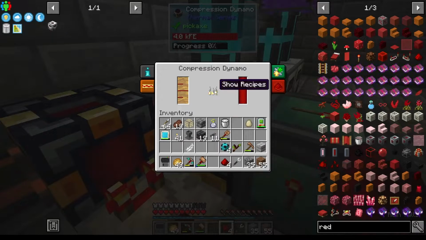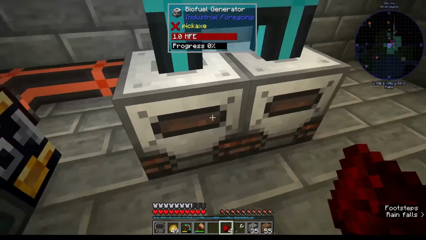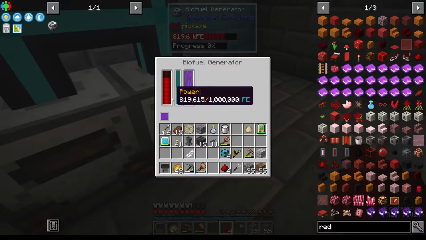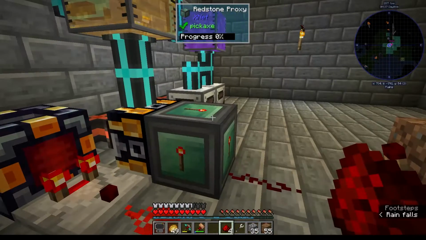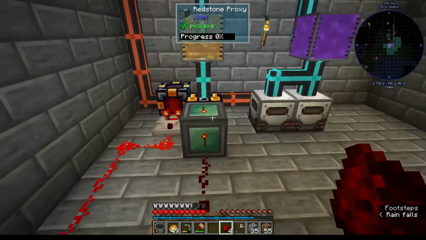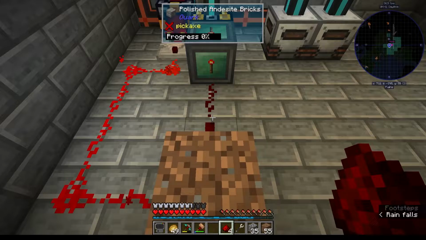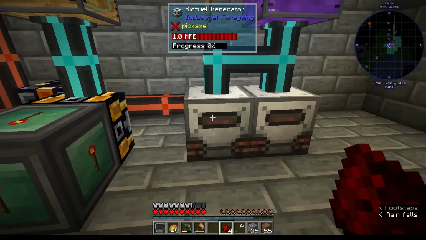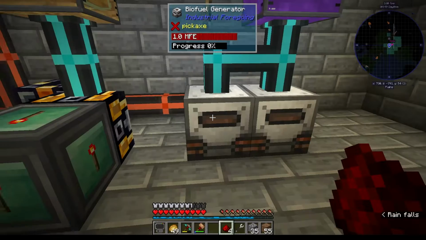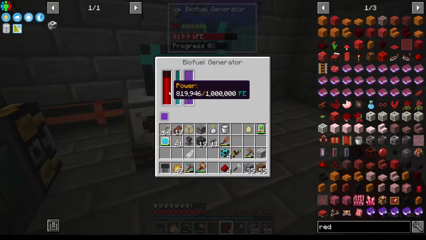Okay, so yeah, we're doing something. So that's the thing I'm going to do right now. XNet could make this better, but I don't know if I want a new XNet system right now. We'll see. But we've got 2 of these guys going, and that is just pretty awesome.